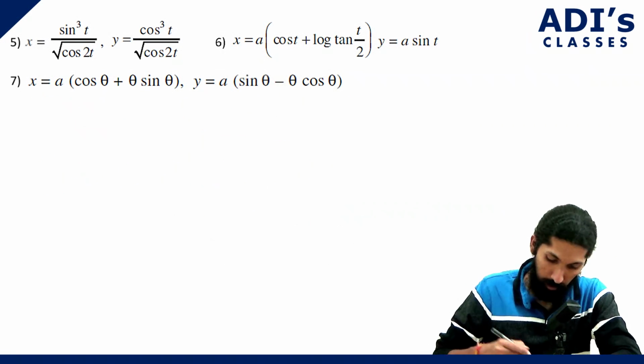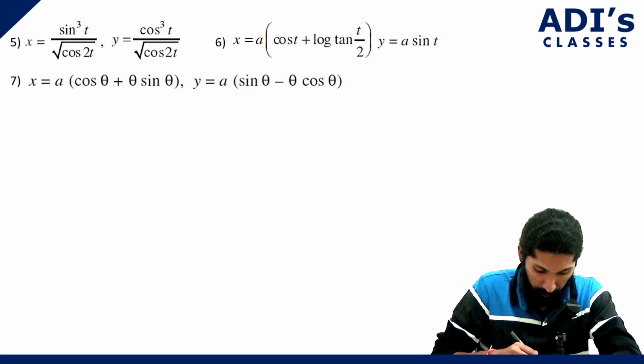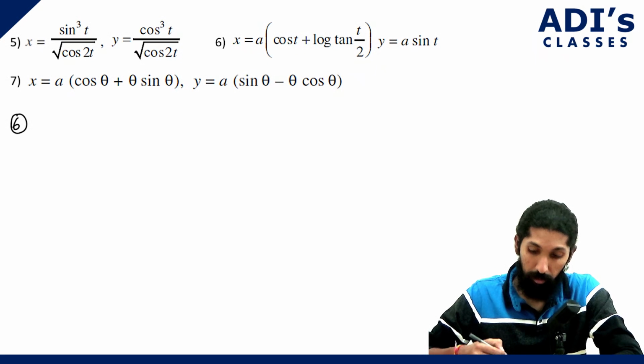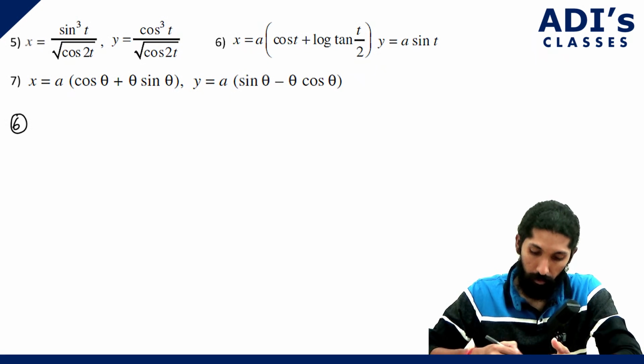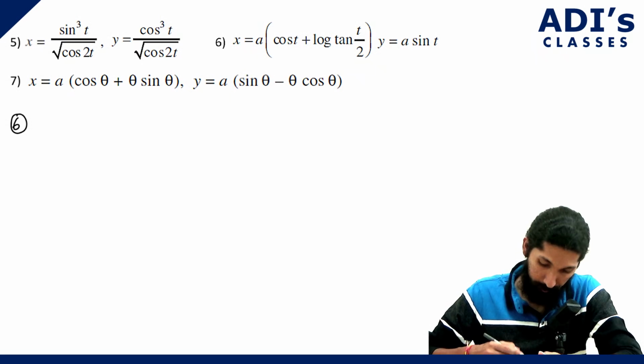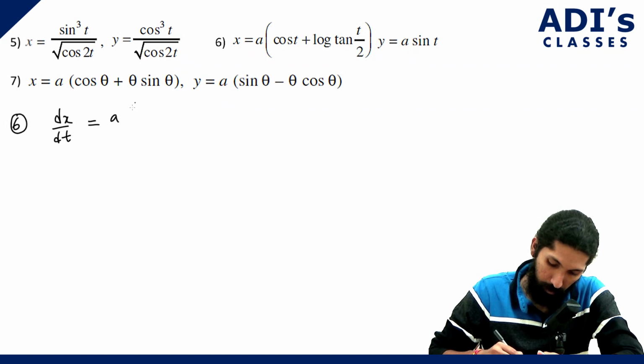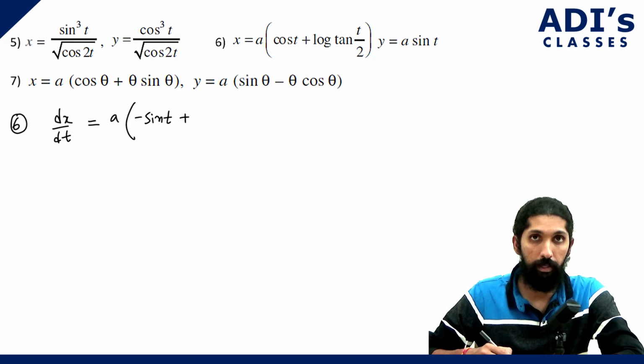See the sixth one. x is equal to a into cos t plus log of something, correct? Let me directly differentiate this one. See, we have dx by dt is equal to a into minus sine t. Log is 1 by x, right?